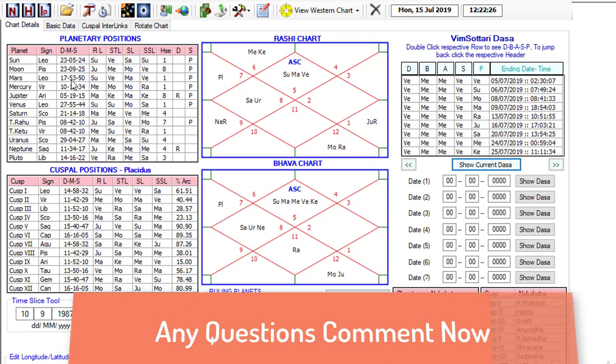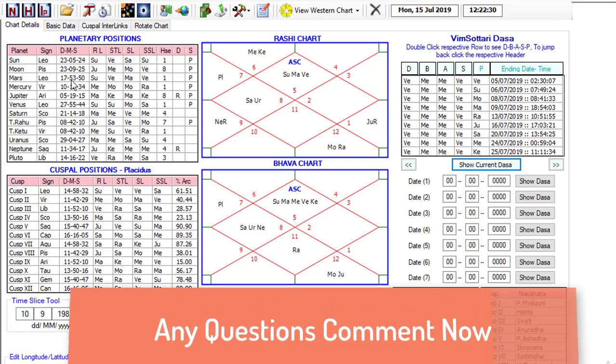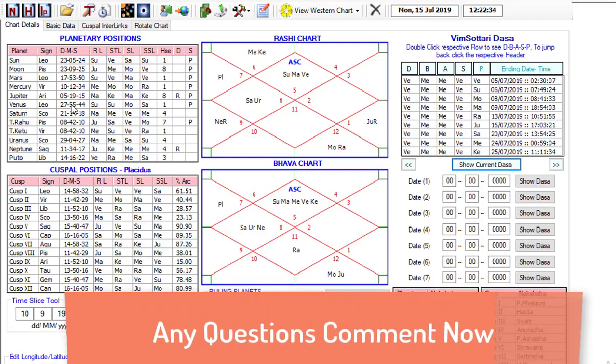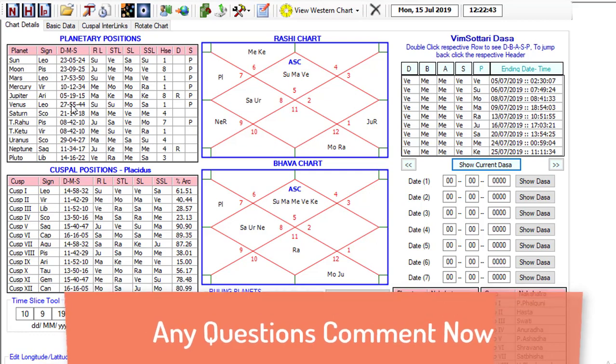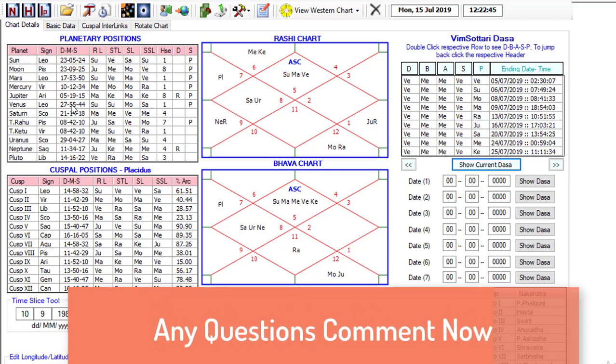I take 5 to 10 degree of orb. Now if you see Venus, which is in 27, it is touching the 10 degree. So it is still, we will say, it is having a conjunction. Not a close conjunction, but it is having a conjunction.